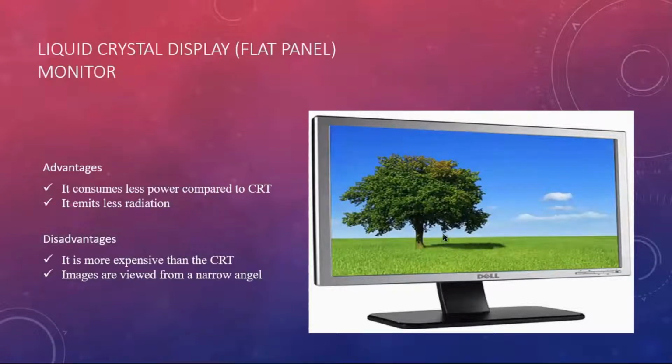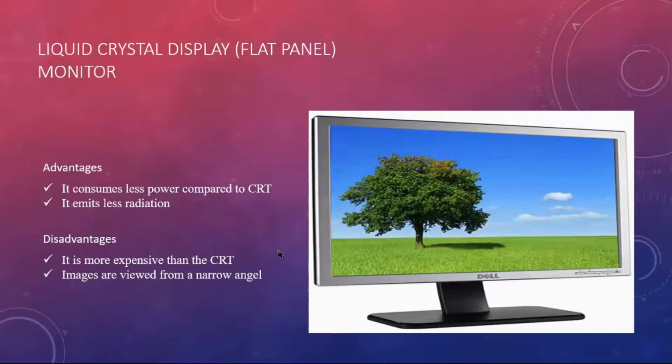The images on these screens have to actually be observed when you're directly in front of them. When you move around, or you try to look at it from another angle, the images might not be clear. Try to experiment with this using your laptops.